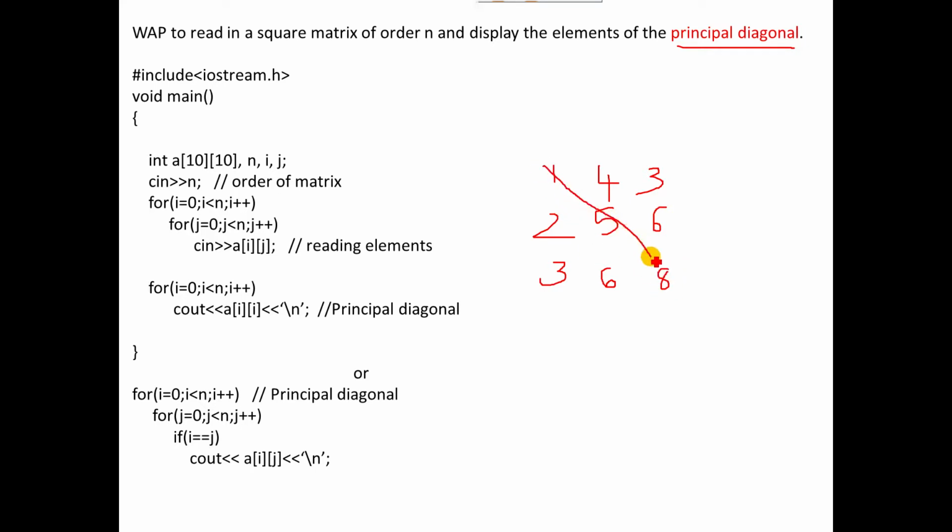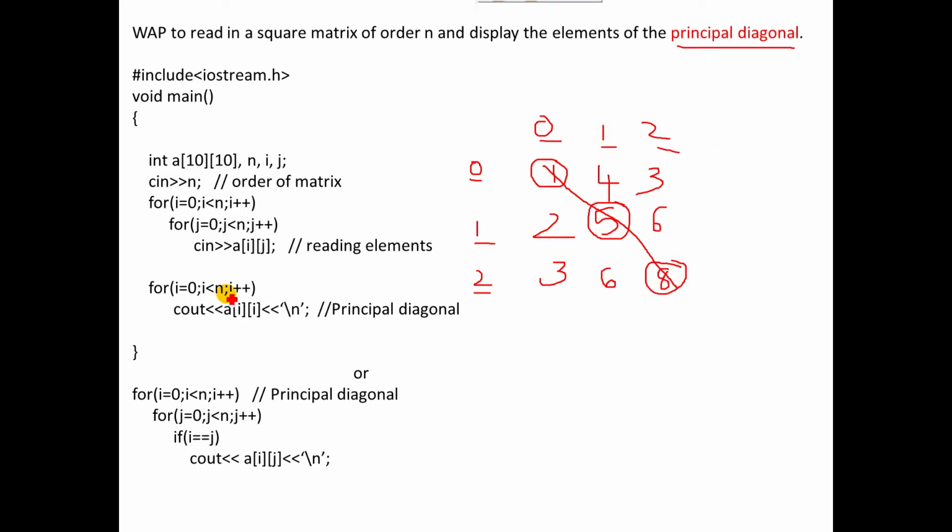This is the principal diagonal. If you look at the row and column, this is 0, 1, 2. This is 0, 1, 2. So all the diagonal elements are lying at positions 0, 0, 1, 1 and 2, 2.